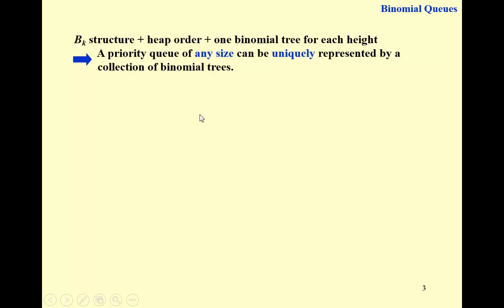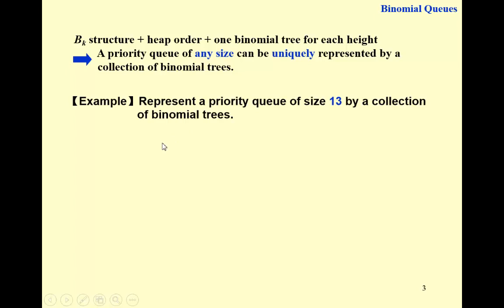How come? Let's look at this example. Okay, let's try to represent a priority queue of size 13 by a collection of binomial trees. So where shall we get started? Well, think about a general binomial queue. It consists of several binomial trees, right?